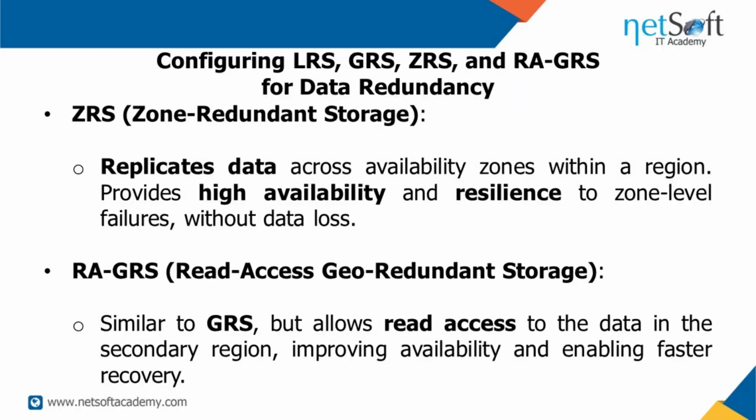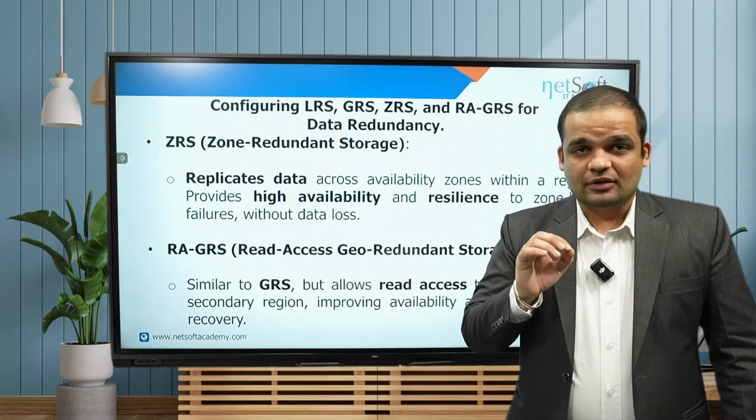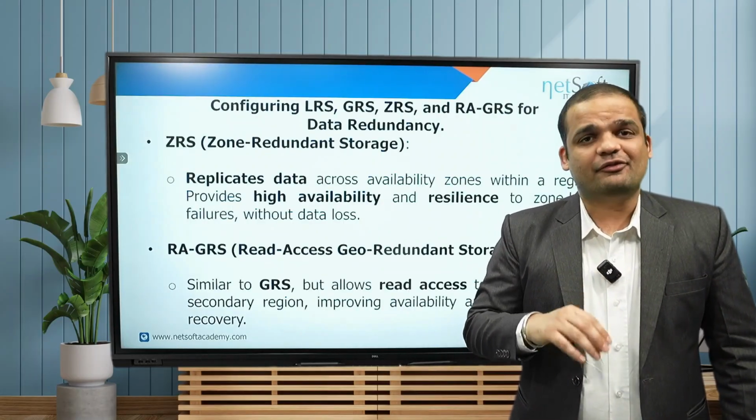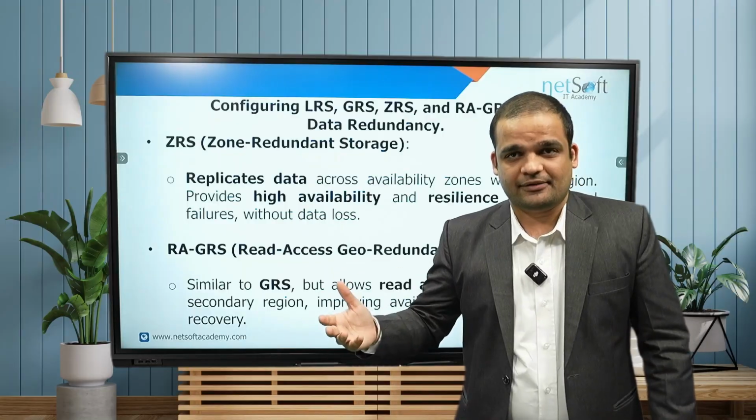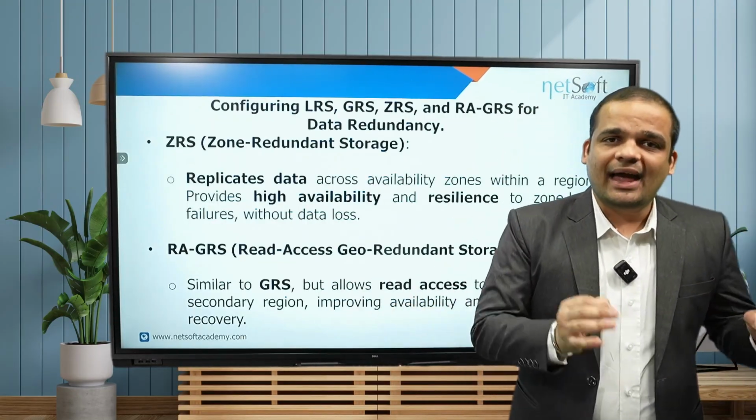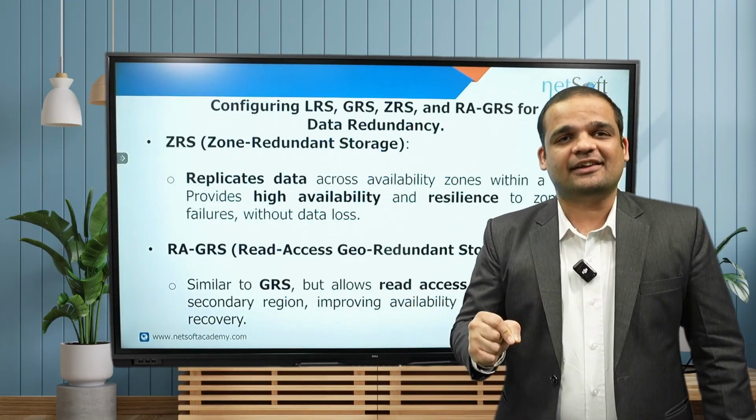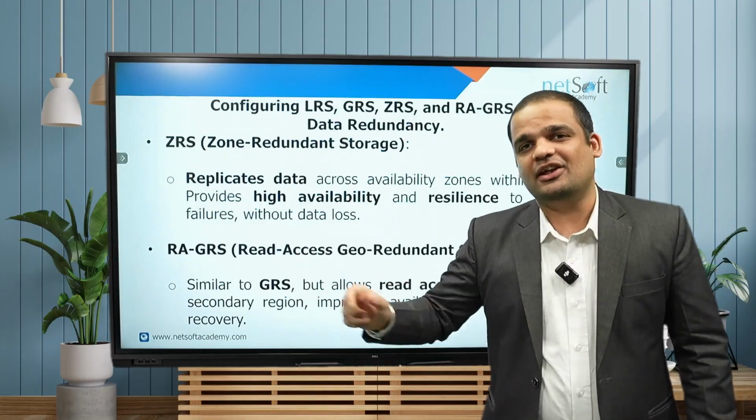Next is RAGZRS. The only difference is RA, which stands for Read Access Geo-Redundant Storage. Well, finally, RAGZRS is very much similar to GRS, but with the added benefit of read access to your data in the secondary region.